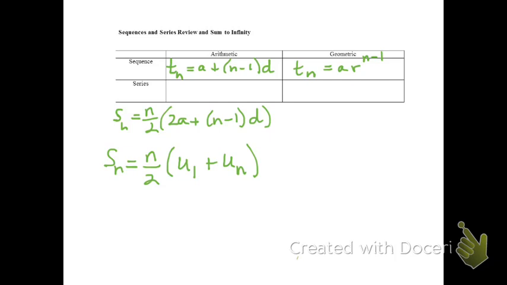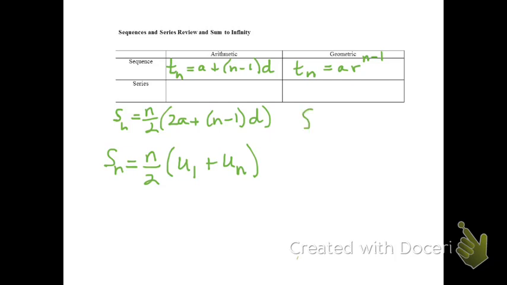And so that allowed us to determine information about the series, given we could solve for n, we could solve for d, we could solve for a. So given certain information, we could come up with the sum of an arithmetic series.